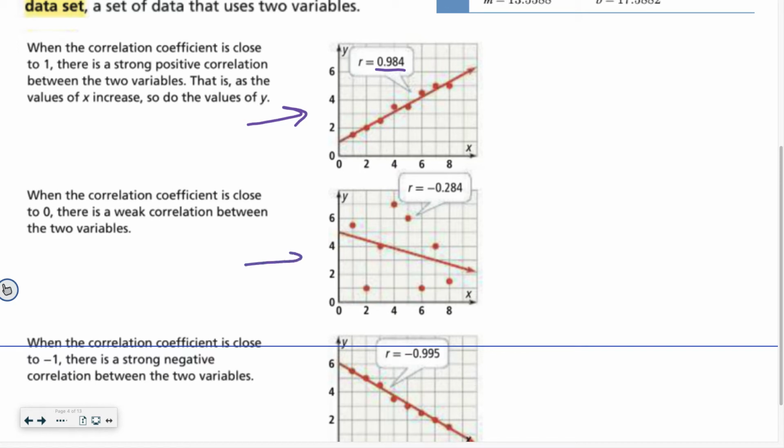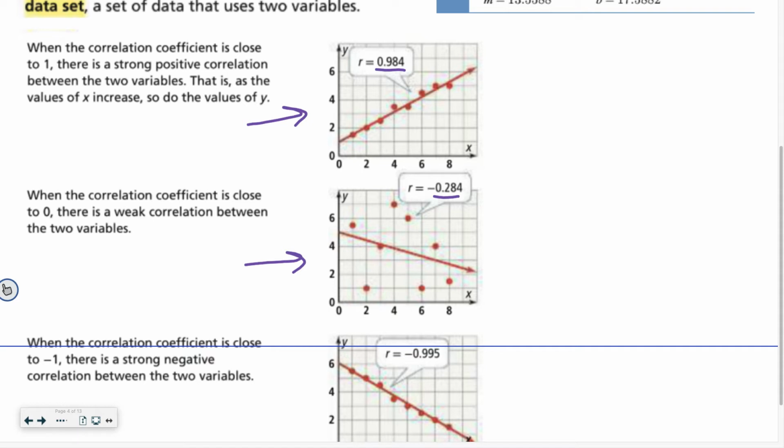If I look at this second graph here, you can see how the line only touches one point and everything else is kind of scattered, right? If I look at the R value, it's negative 0.284. So the farther an R value is away from either a positive one or a negative one, the weaker the correlation coefficient is.